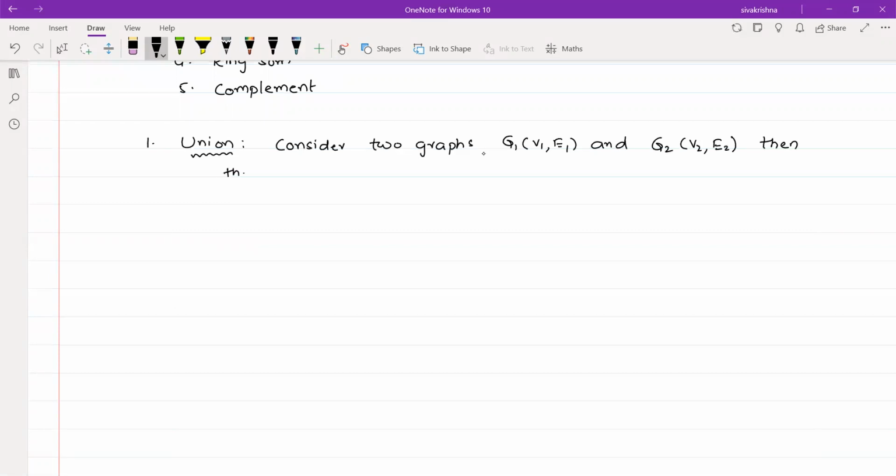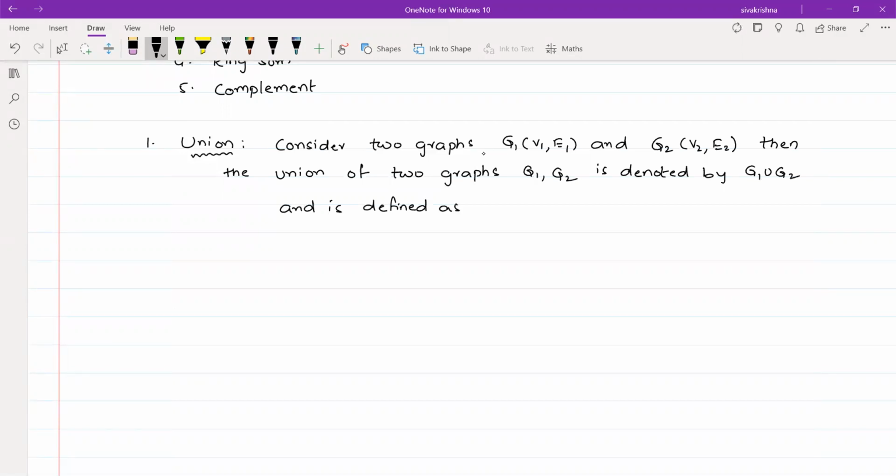Then the union of two graphs, G1 comma G2, is denoted by G1 union G2, and is defined as G1 union G2 is equal to the set of V1 union V2 comma E1 union E2.